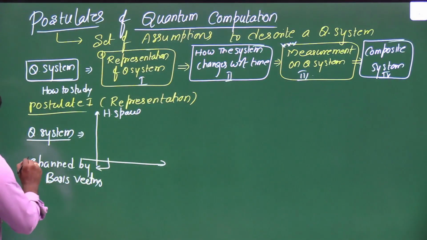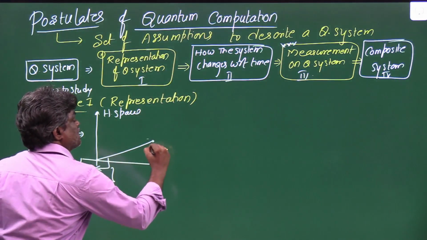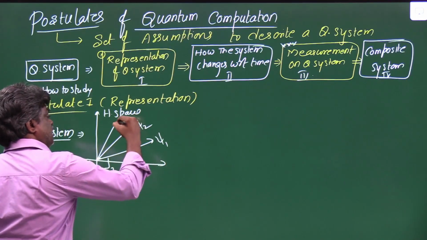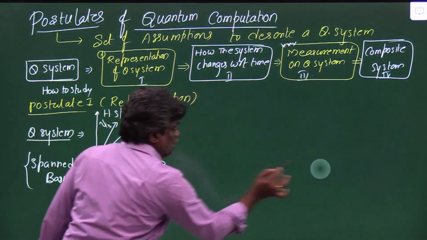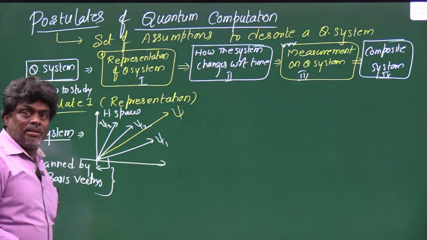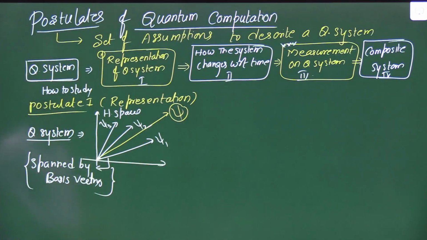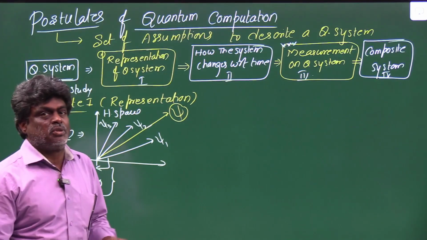Yes, sir. Right. So once you decide the basis states, this Hilbert space is completely spanned by these basis states only. Now I have a quantum system. Sir, one quick question. Psi 1, psi 2, psi 3, are they Z basis? Whatever you assume first.